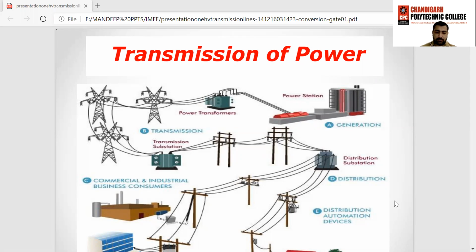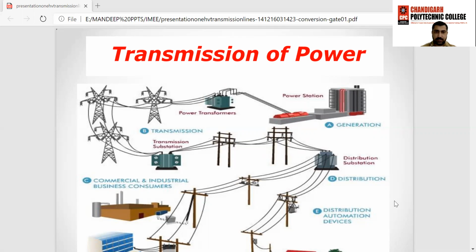The system by which bulk power is delivered to the load centers and large industrial consumers from power stations is called transmission system. Power system. The generation, transmission and distribution of electrical power is called power system.